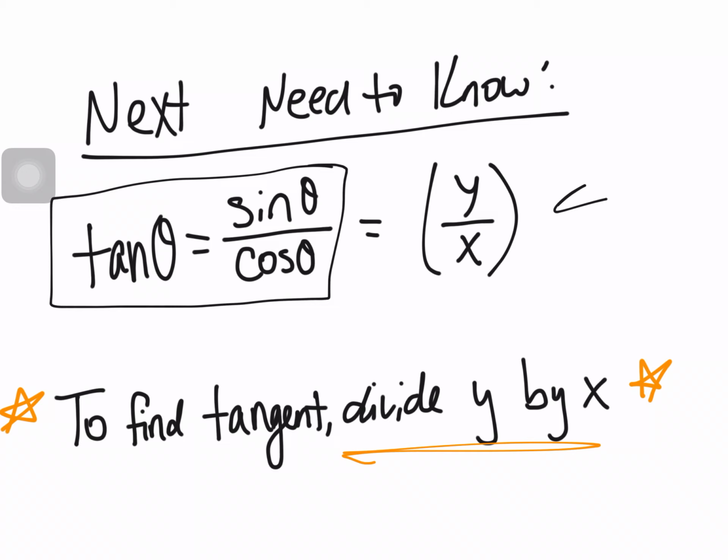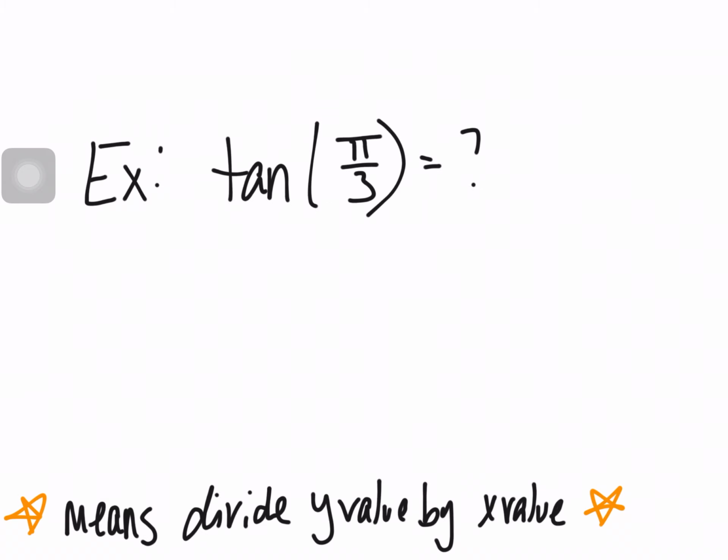And that work is dividing y by x anytime we want to know the tangent of an angle, because tangent is really sine divided by cosine. This is something important that's going to come up later, so you definitely have to be aware that tangent is the same thing as saying sine divided by cosine. When we're referencing the unit circle, really we mean y divided by x.